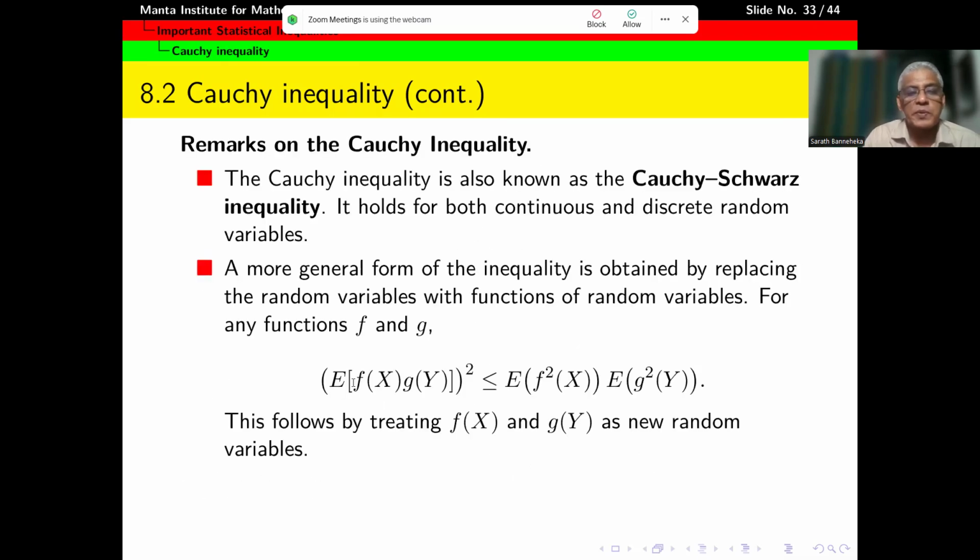Instead of x, you can write, for example, u may be some function of x. So for two random variables u and w, I will omit v because usually we take v for the variance. So if u and w are two random variables, you are able to write down something like this.